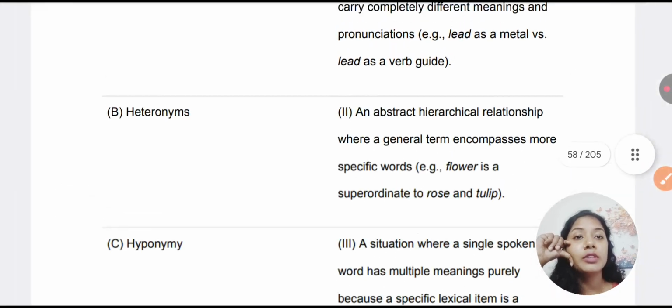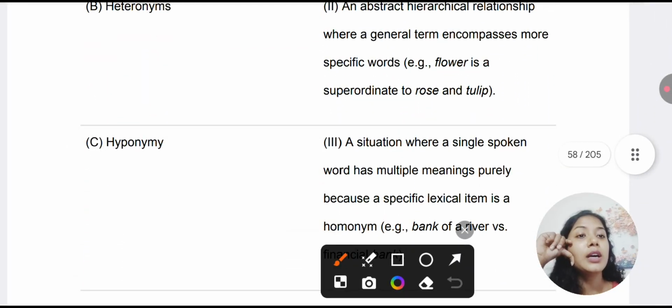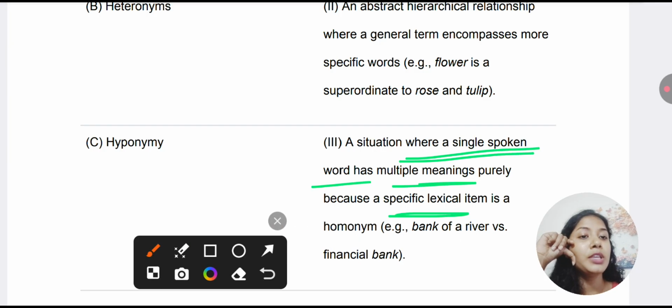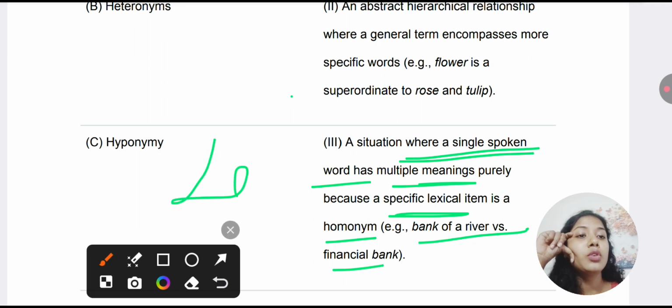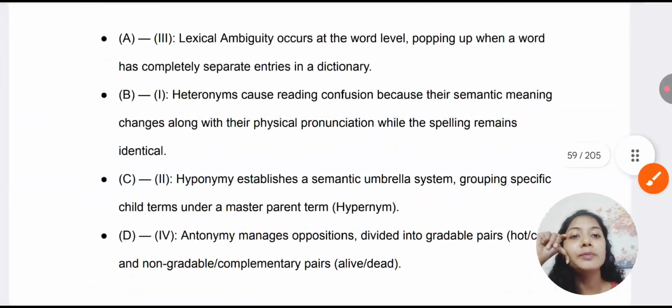So A you have lexical ambiguity. That means a situation where a single spoken word has multiple meanings purely because a specific lexical item is a homonym. That is bank of a river versus financial bank. So you can understand lexical ambiguity is also multiple meaning giving words. Okay, so bank. Heteronyms you can match with B, with first.